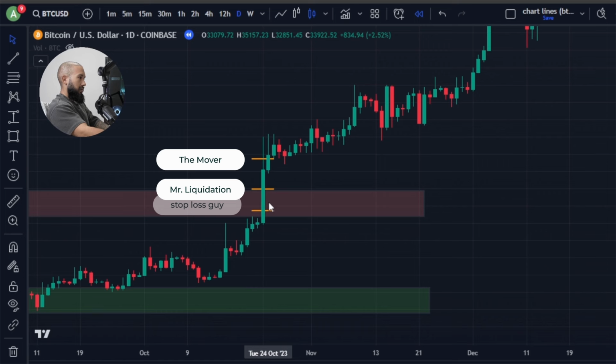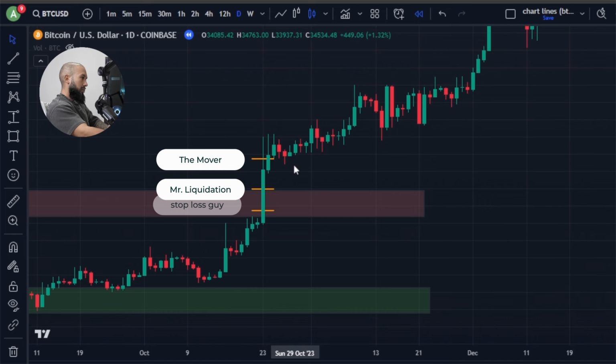Once price continued to move, he moved even higher, to the point where the momentum and volatility of the candle was way too strong and it hit his stop loss because he didn't have time to move it, or he moved the stop loss all the way up right before his liquidation level, and it forced him to close out the trade.